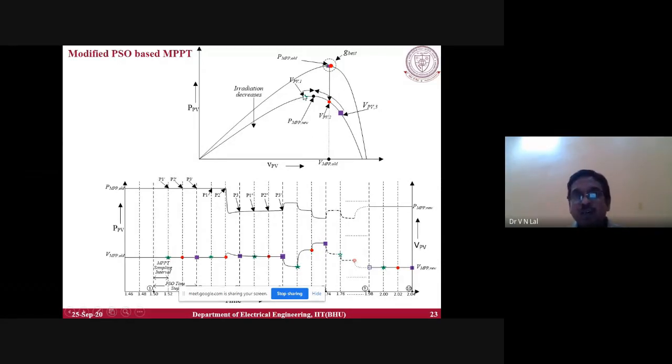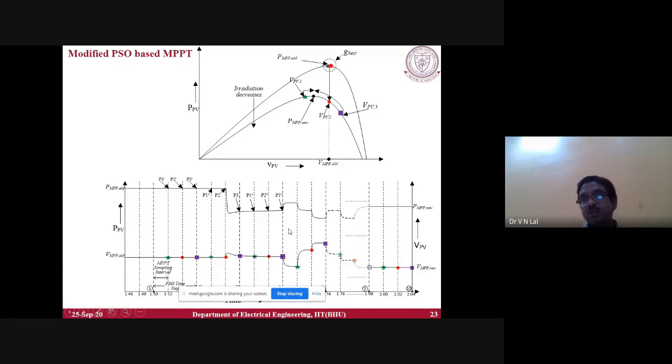this power is not compared with the previous one. The power is compared with these 3 powers. So obviously, the search will be according to this new characteristic. The previous characteristic actually is removed from the picture by giving a simple delay of 1 PSO time step.